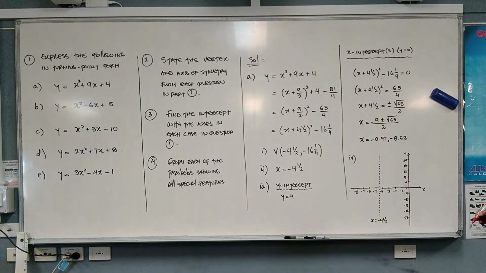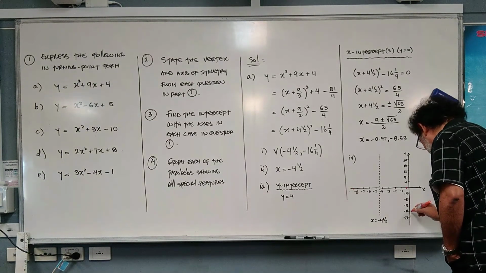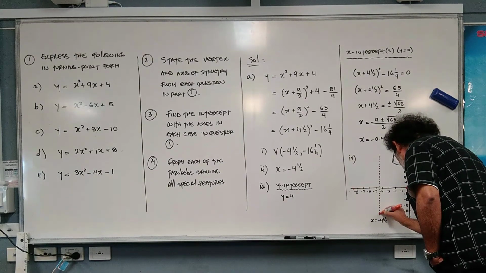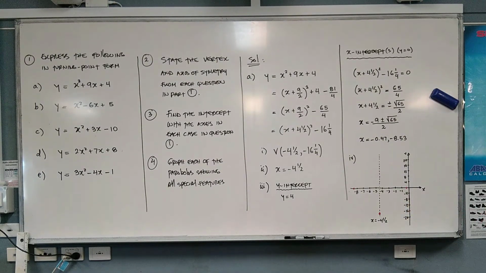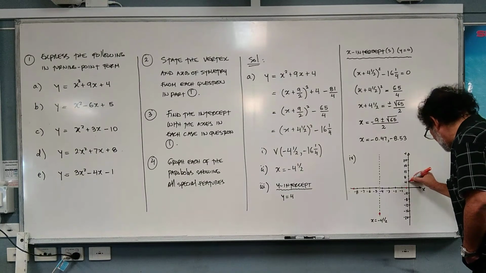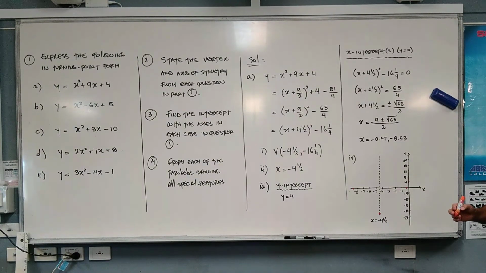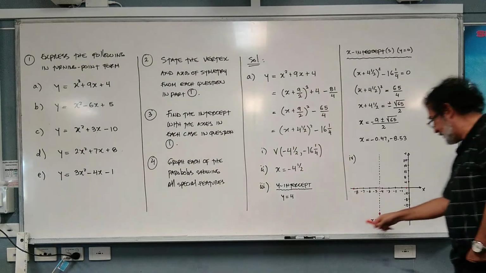Then the vertex is at negative 4.5 and negative 16.25, so it's going to be probably somewhere here. And the y-intercept is at 4, so it's there. Again, we've got everything to draw the parabola.